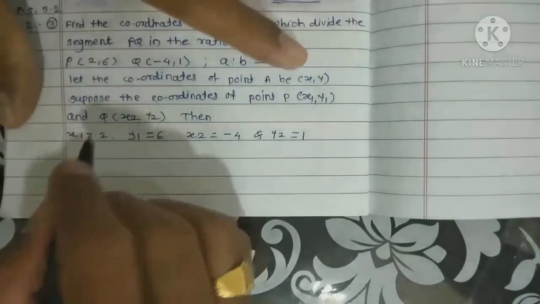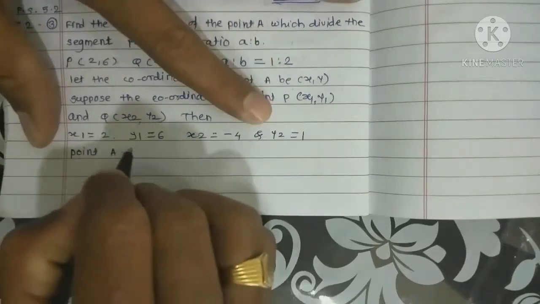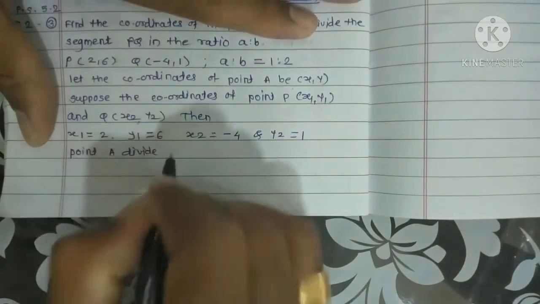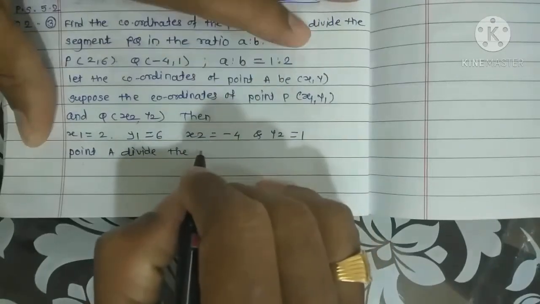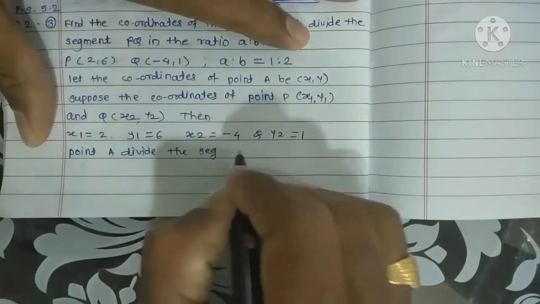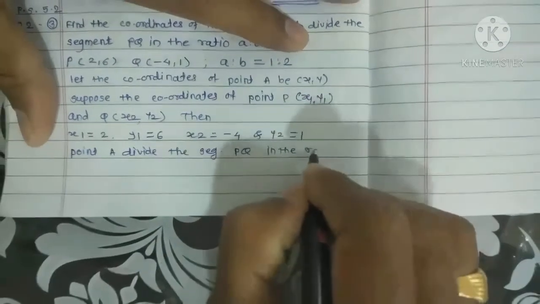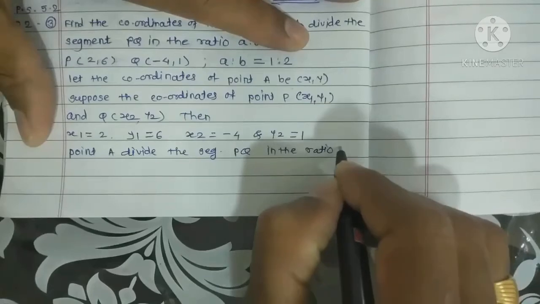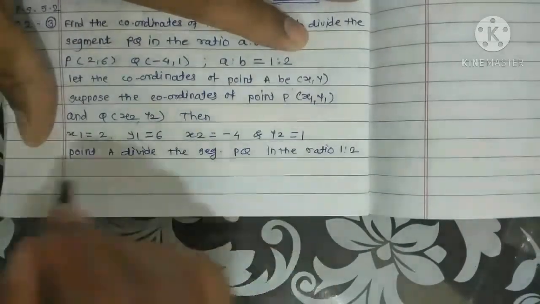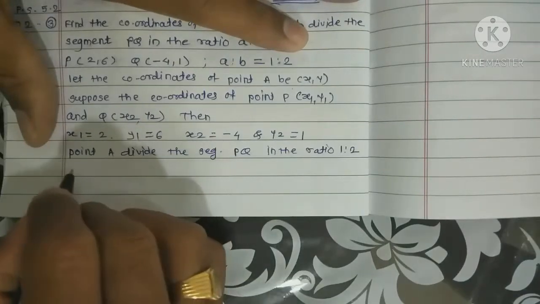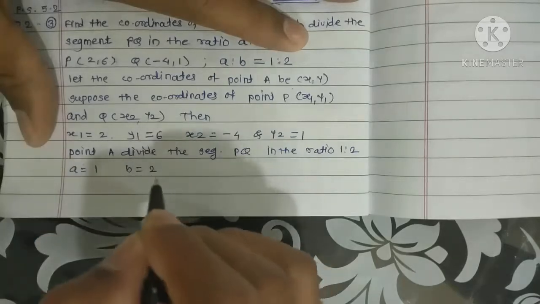Then point A divides the segment PQ in the ratio 1 is to 2. So a is equal to 1 and b is equal to 2.